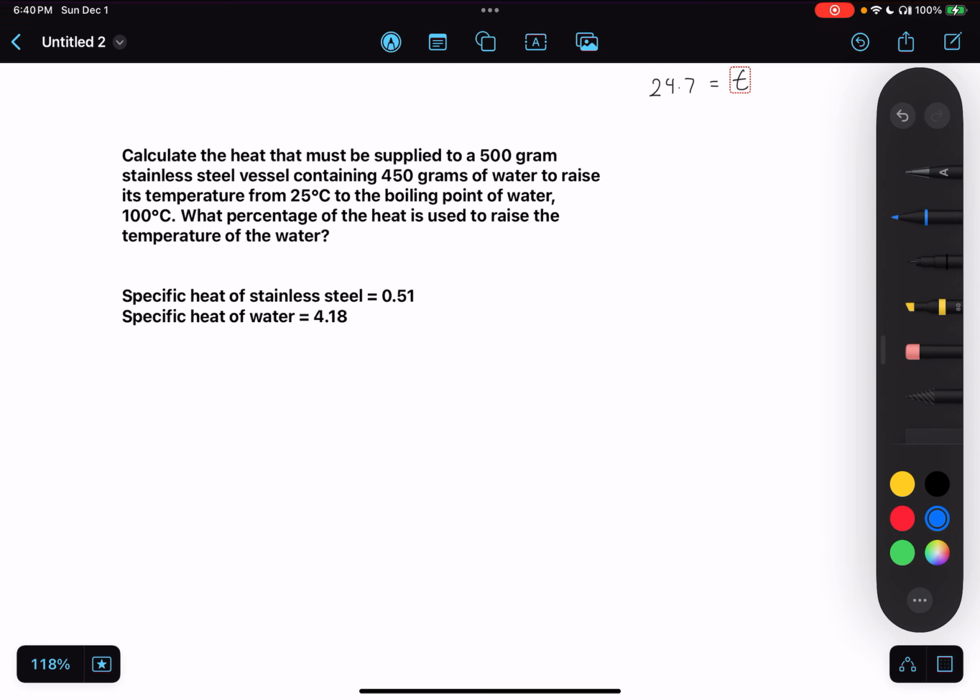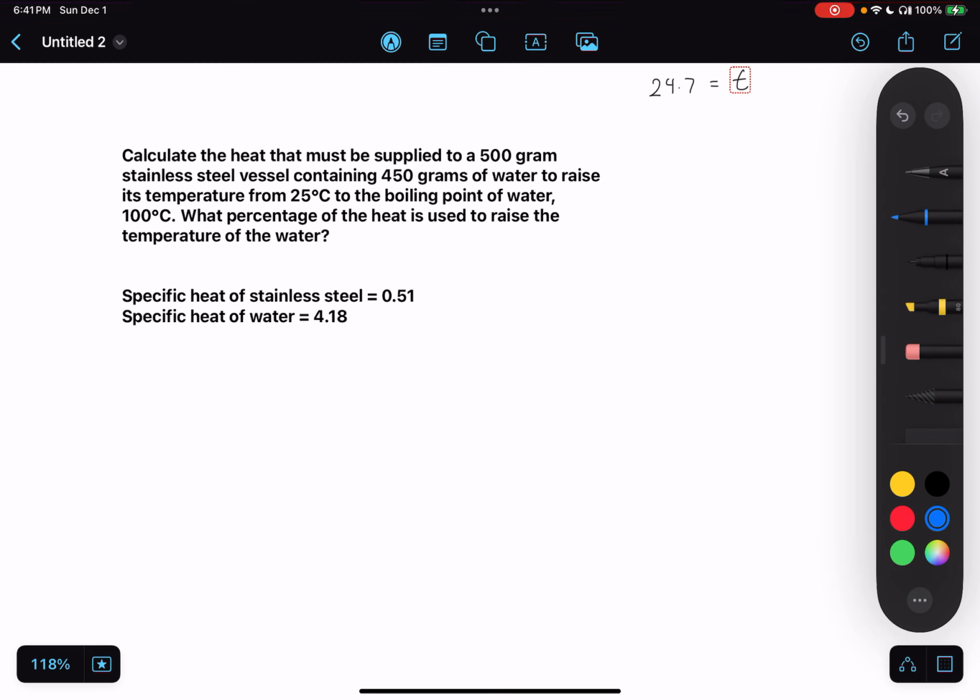So not only do I have to add more heat because part of the heat that is applied is going to go into the stainless steel, this just means that I have to add the heat that it requires to raise the temperature of stainless steel and the heat required to raise the temperature of the water as well.